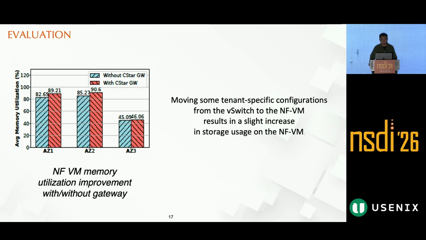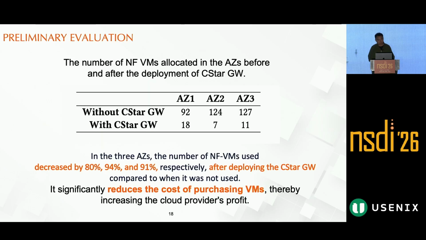As shown in our evaluation, each VM still has sufficient resources to store config information, with memory utilization increased by less than 4.3% on average. Most importantly, on the cost impact across the 3 zones, the number of NF VMs was reduced by 80%, 94%, and 91% respectively. Even after accounting for the cost of the CStar Gateway itself, we still have significant cost savings.